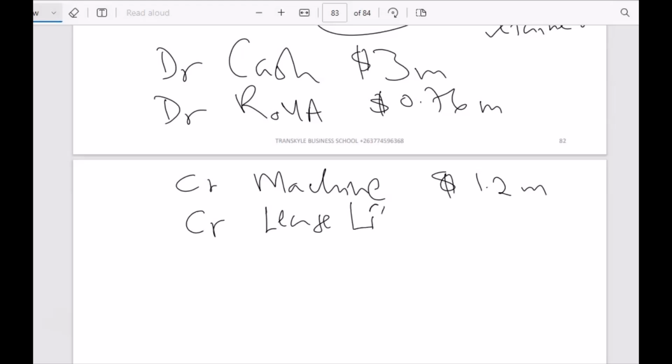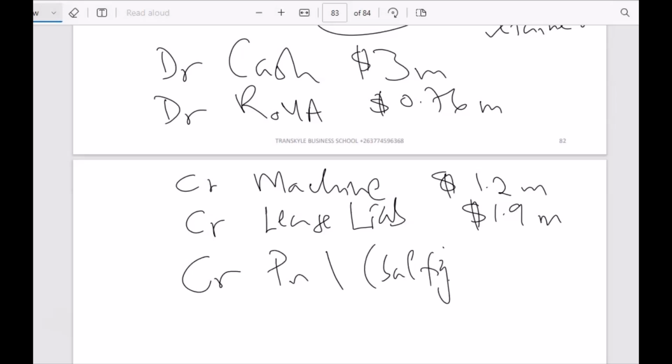Lease liability 1.9 million, and then the transfer to profit or loss should be a balancing figure. If the balancing figure is on the credit, then there's been a profit. So this one is a credit, 0.66 million.